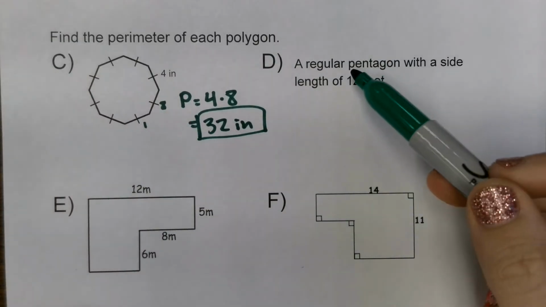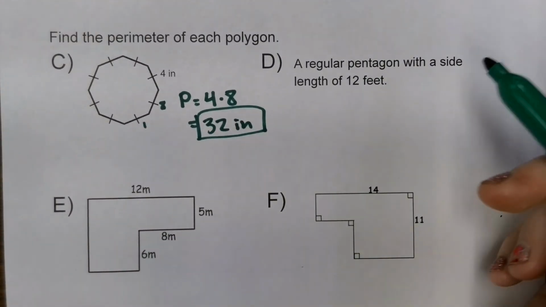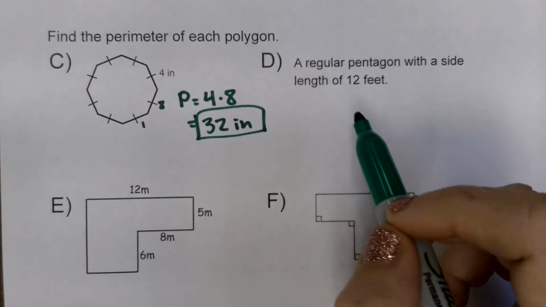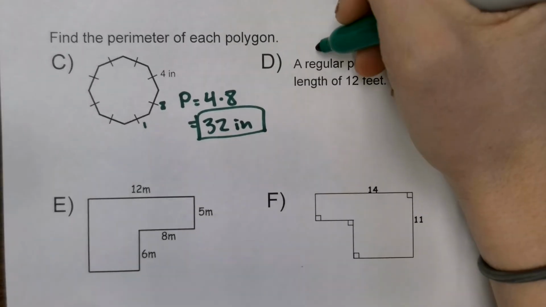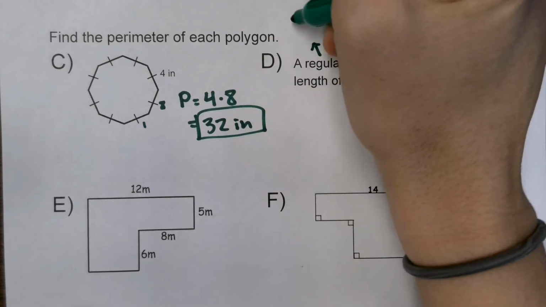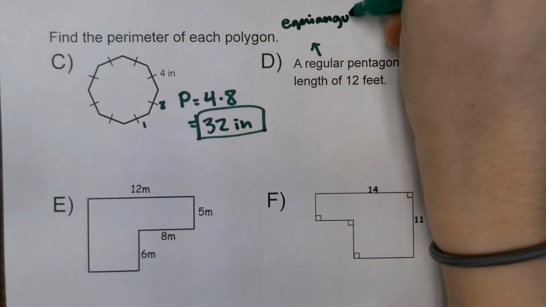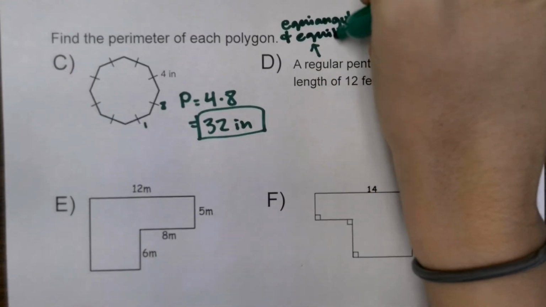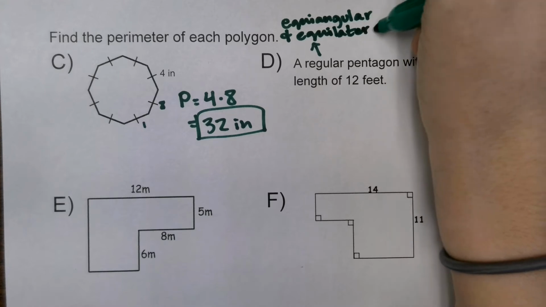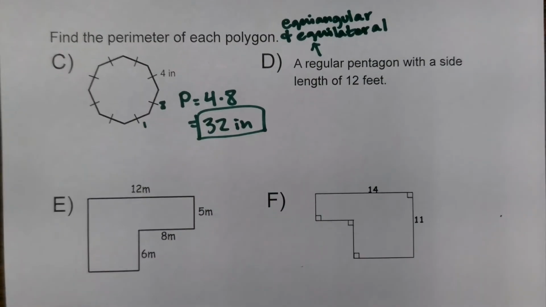Same concept if we are given in words a regular pentagon with a side length of 12 feet. So this is where I'd have to know my vocabulary a little better, because for regular, I would have to know here that this means equiangular and equilateral, which in this case, we're not going to use the equiangular part, but we will use the equilateral part.